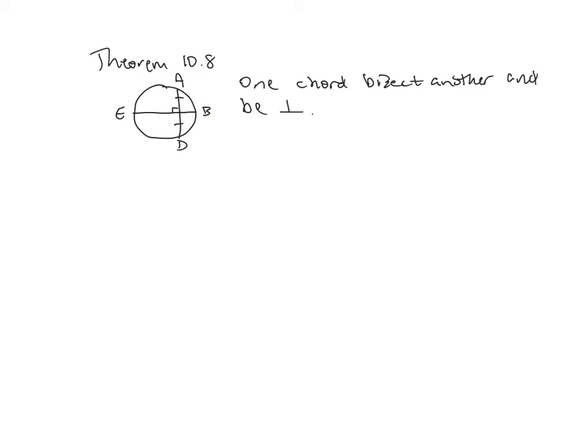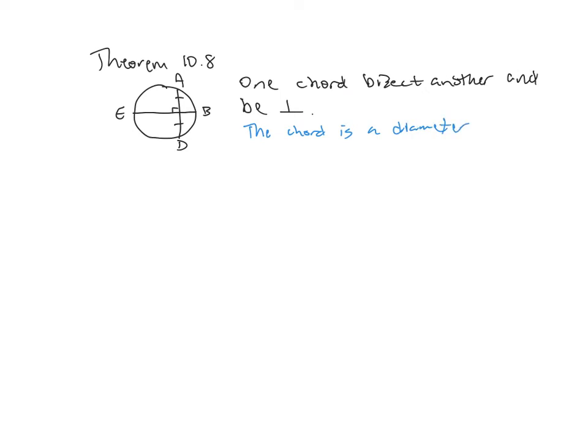So if we have two chords that are perpendicular and one is bisected, what do I know? The chord is a diameter.